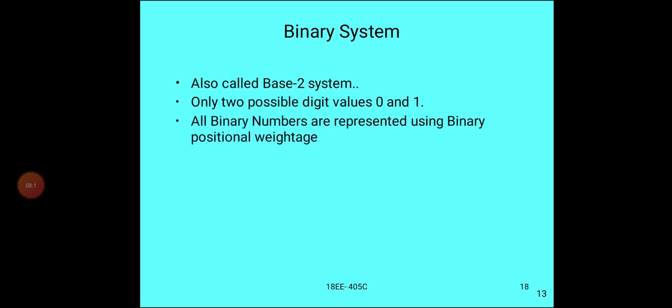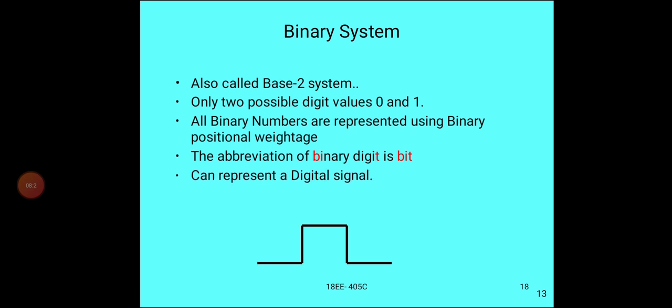All binary numbers are represented using binary positional weightage. The abbreviation of binary digit is bit. It can represent a digital signal, the pulse as shown here. The lower value is logic 0, and the high value is logic high or logic 1.